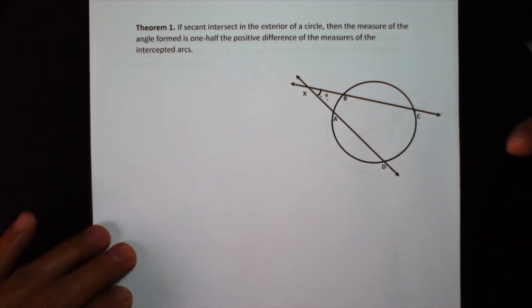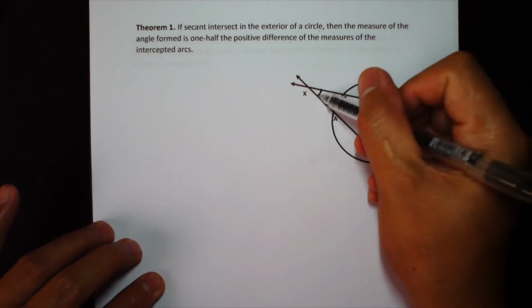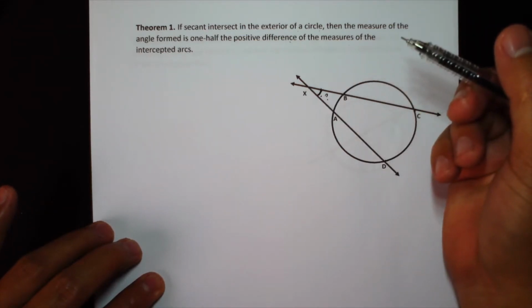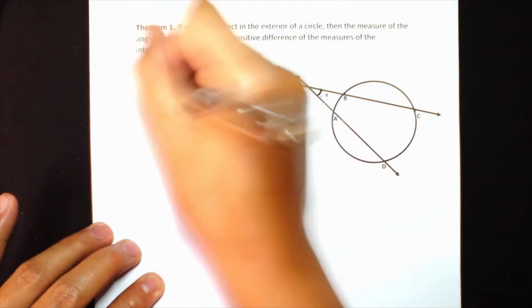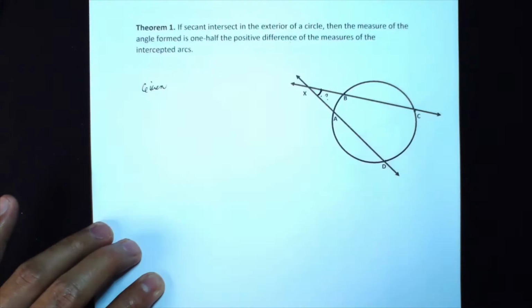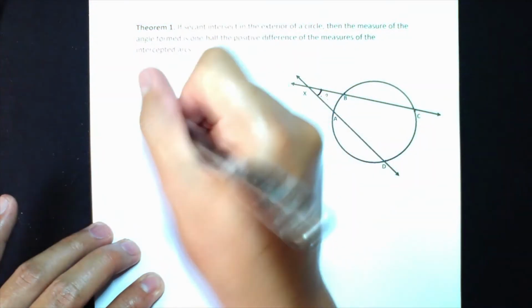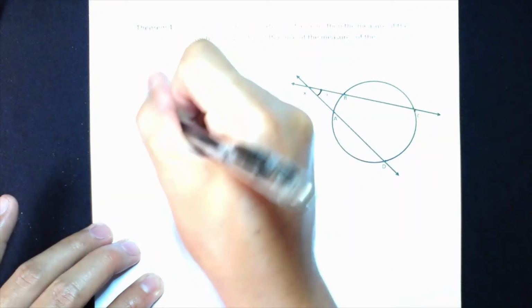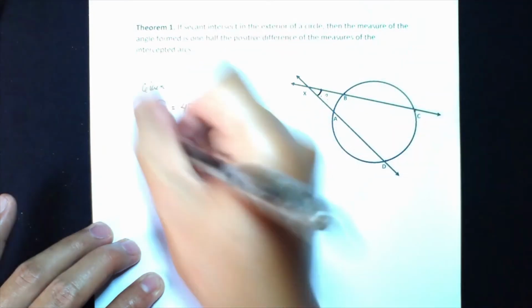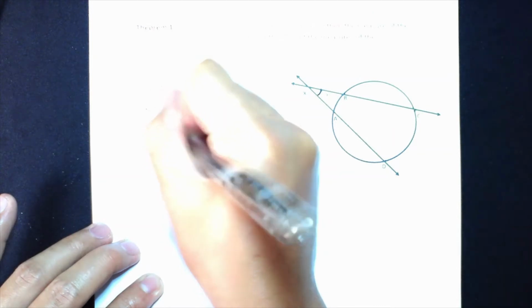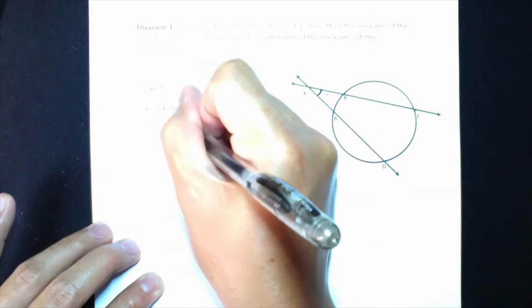Let's have one example here and compute the measurement of the angle. Let's have a given. The measurement of arc AB is equal to 40, and the measurement of arc CD is equal to 60.